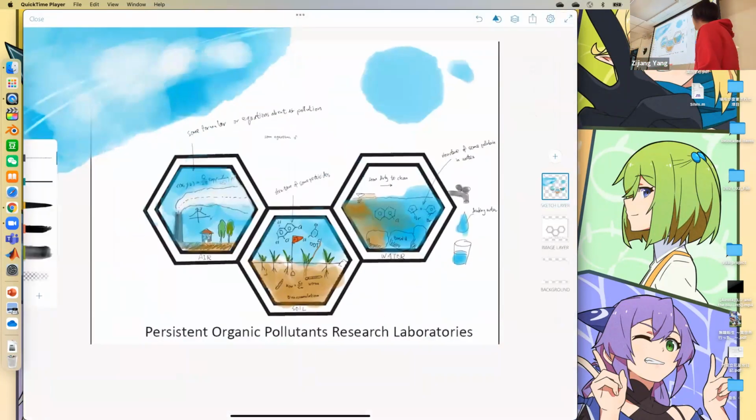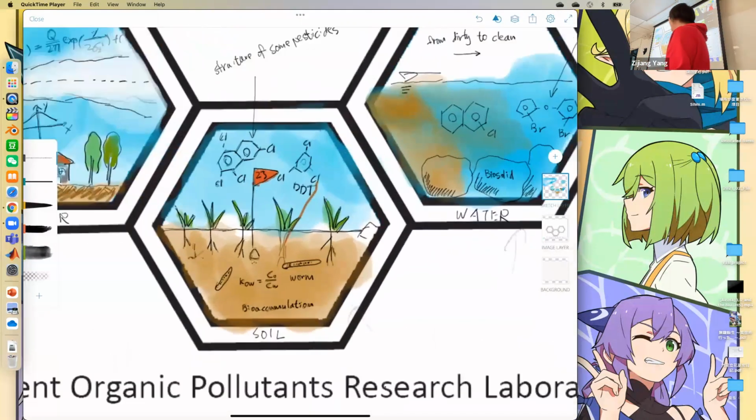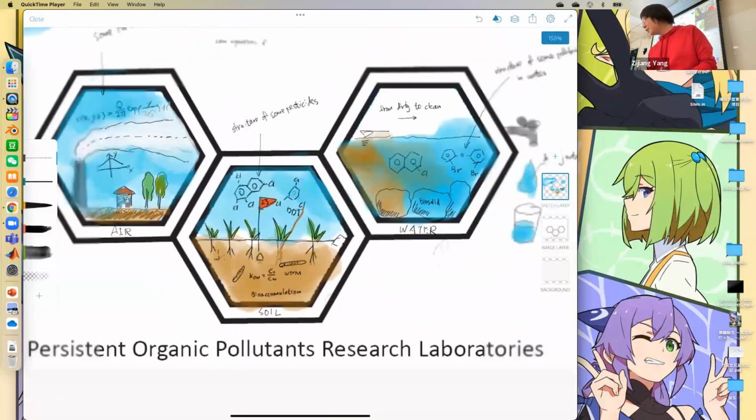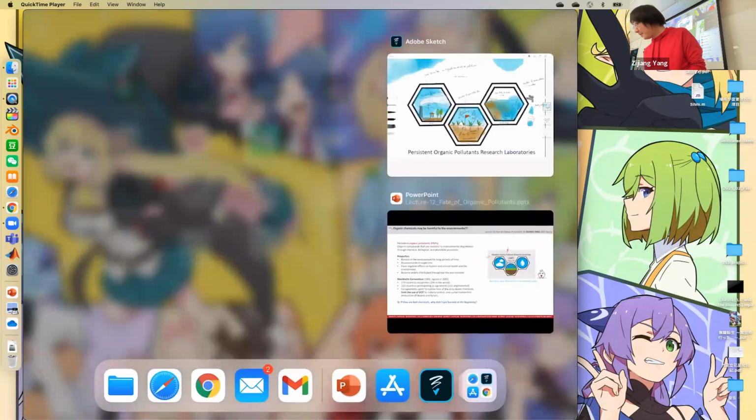So we can see that the whole structure of this logo is a POP, like a PAH. And then we have the pollutants in the air, the pollutants in the soil, pollutants in the water. And in the soil, we have the pollutants in the earthworm or in the animals, and we have the pollutants in the grass or vegetation. So in this logo, I want to show that we are working on the POPs, and on the other hand, the POPs are distributed in all of the environments, from air to water and from animals to vegetation.